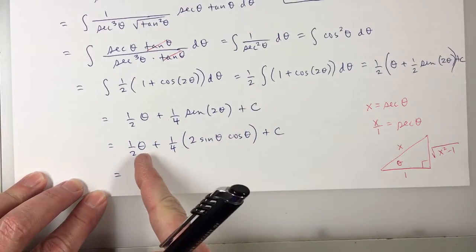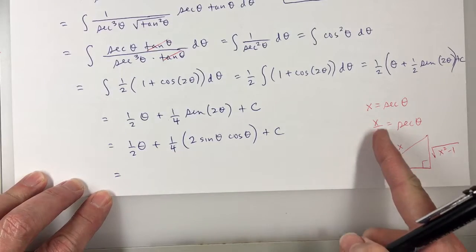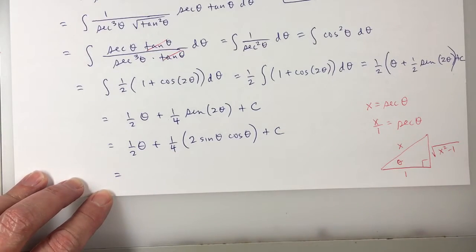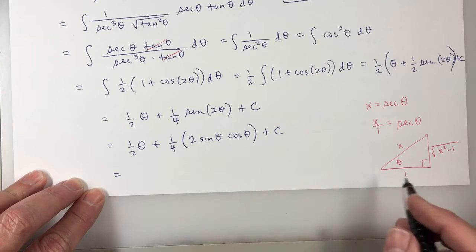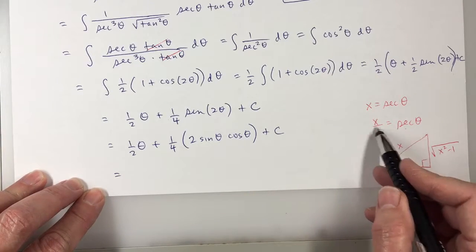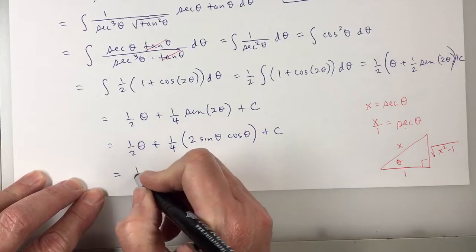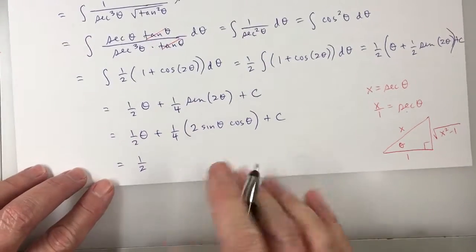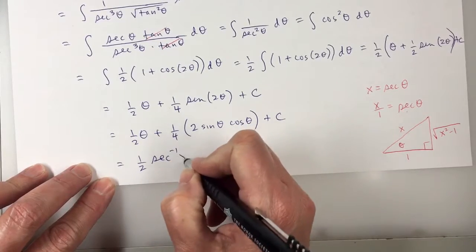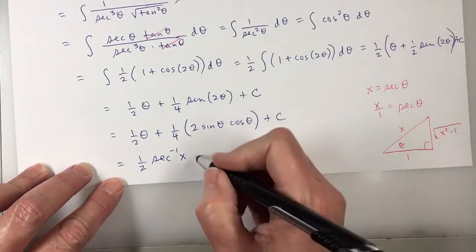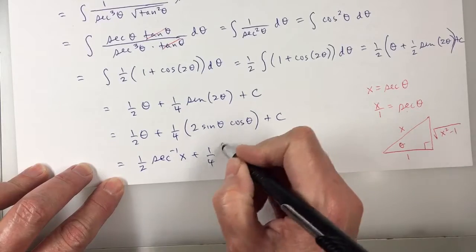And I'm going to have to read that theta right there. Well, look, if x equals secant theta, I could write inverse secant of x equals theta. So I'll put that here. 1/2 theta is going to be inverse secant of x plus 1/4.